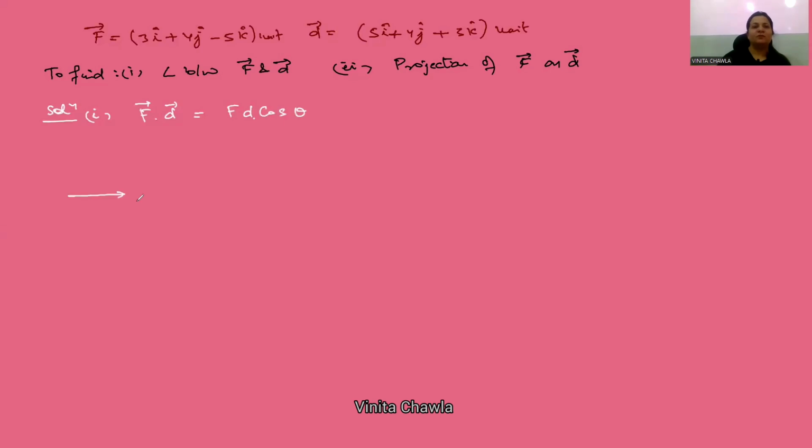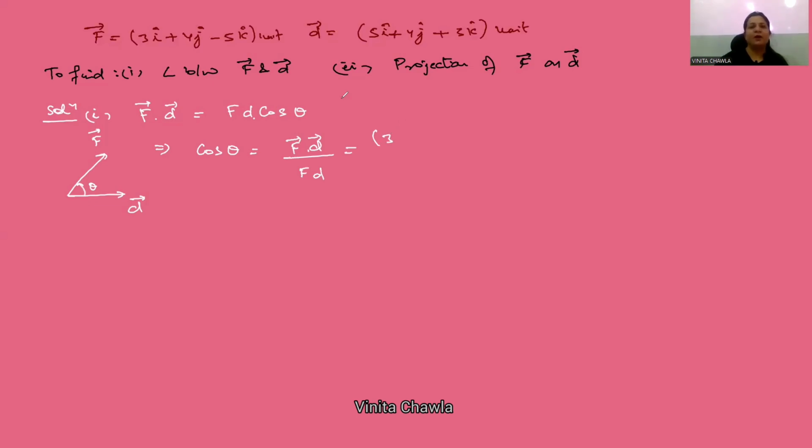So if the angle between these two vectors is theta, we can take the dot product and write like this. So from here we can find cos theta. This implies cos theta is equal to vector f dot vector d divided by magnitude of f into magnitude of d.